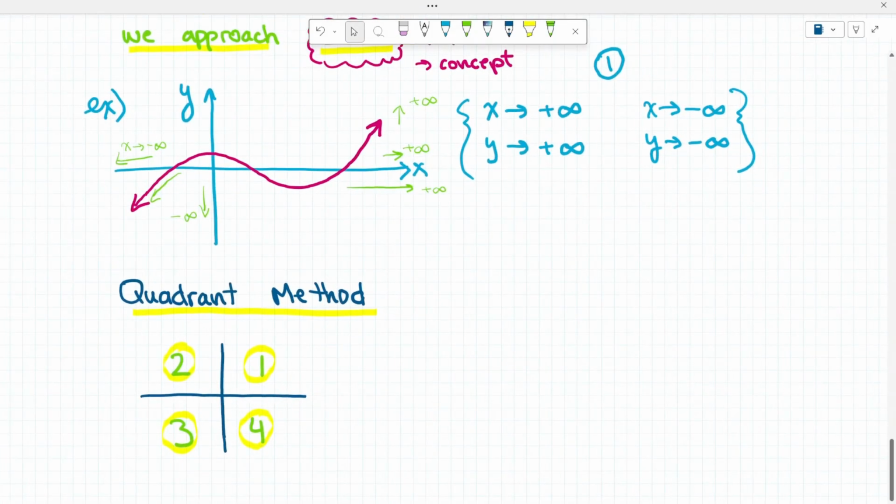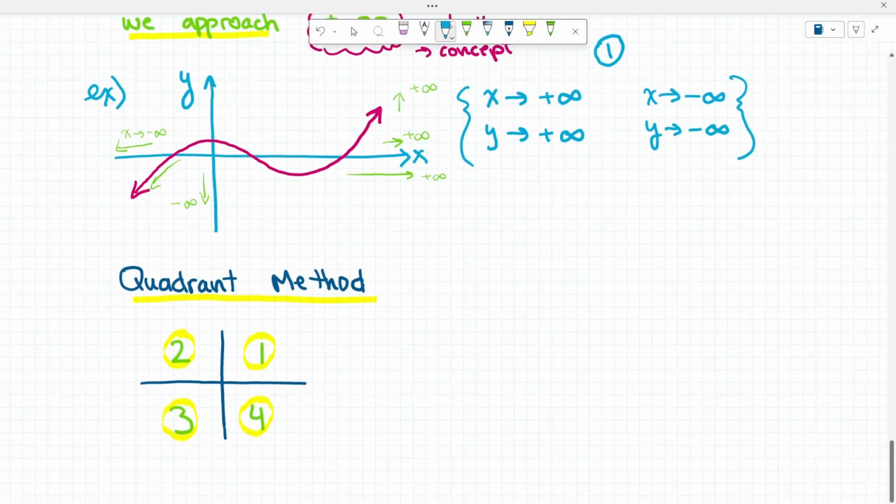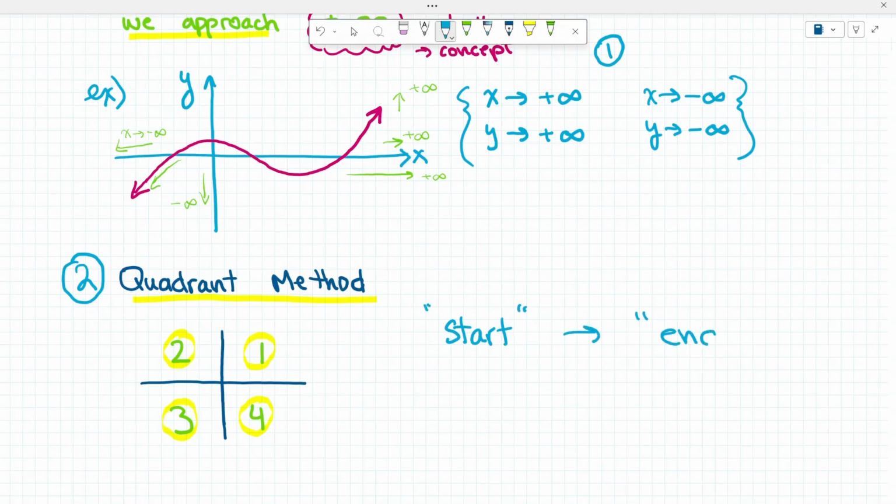If we look at this exact same example, how can we solve it using our second method, the quadrant method? Well, you want to figure out where it starts, quote-unquote, versus where your function is ending. And you're always going to go from left to right when you do this type of analysis.